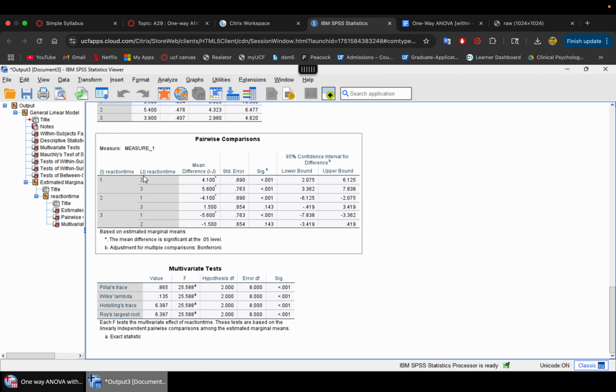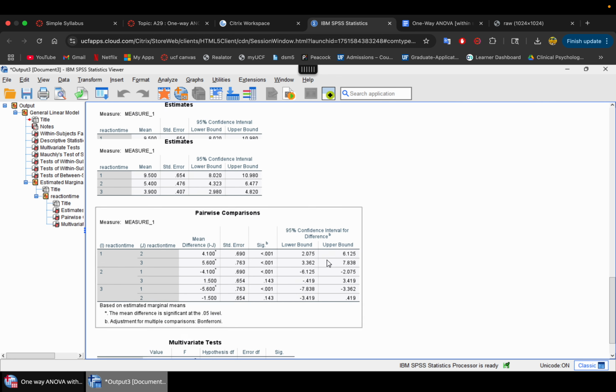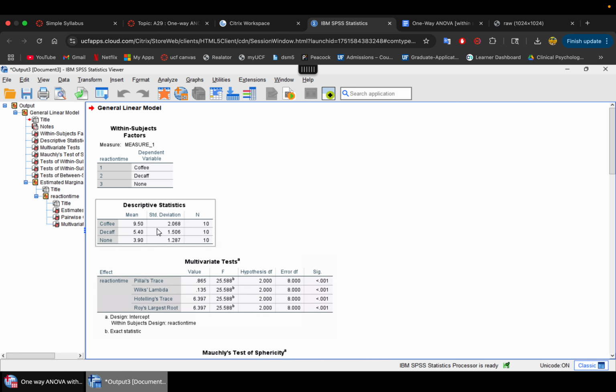So right here, coffee and decaf is going to be significant. Coffee and none is going to be significant. Decaf and coffee is going to be significant, and decaf and none is not going to be significant, which makes sense because that doesn't really give you anything. And then we're just going to look at the descriptives. It gives us the mean, the standard deviation, and the number of people we have in the study.